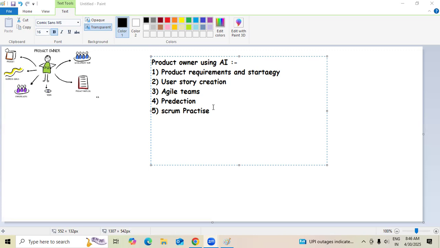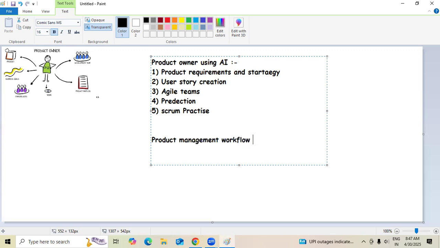This is required because, being a product owner, when we are defining the goal and vision of the product, it's always important for us to know the workflow in context of product management.